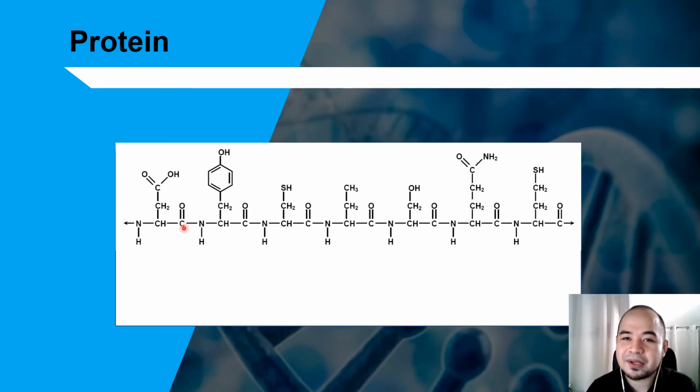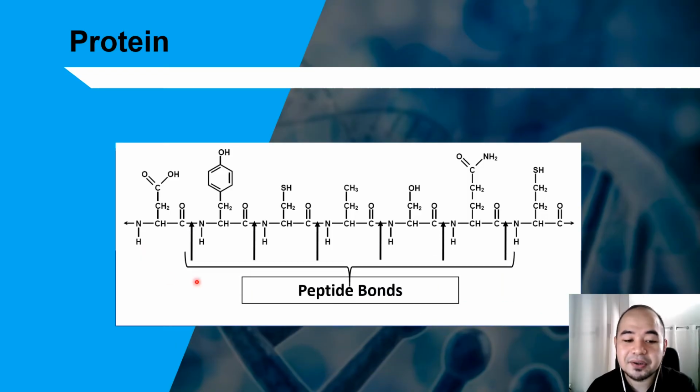So, kanina sinabi ko, ang carboxyl group is COOH. So, ang meron lang dito is the CO. Nasaan yung OH? Natanggal. Nasaan naman yung H ng NH dito? Diba dapat NH na dalawa? So, nagsama yung H at saka yung OH, it forms water. So, therefore, that process is called dehydration. So, if we're going to count it, we have 7 amino acids. And these are all the peptide bonds. Okay?